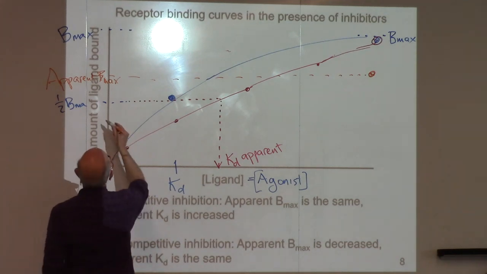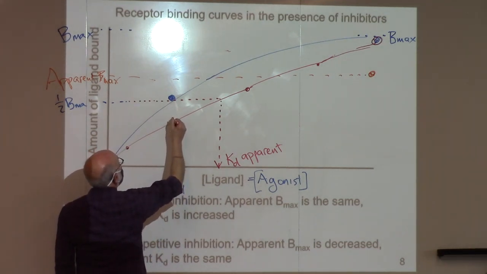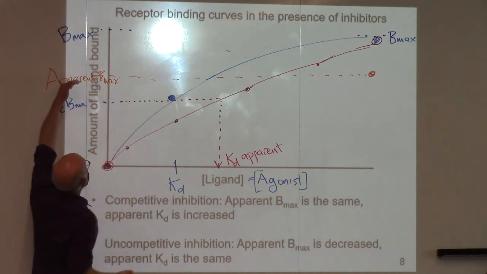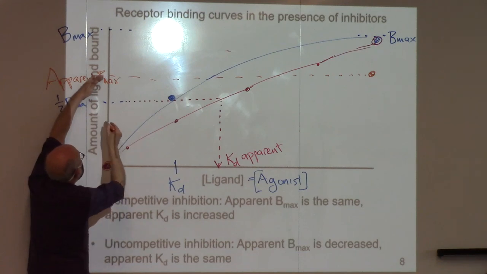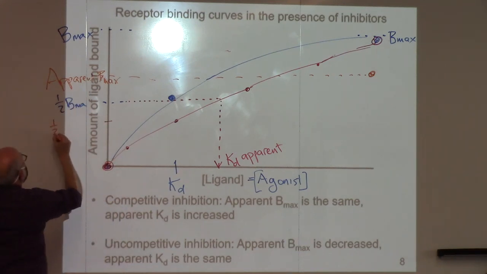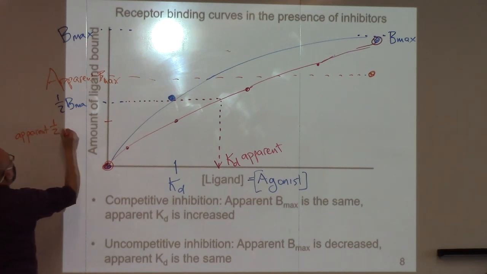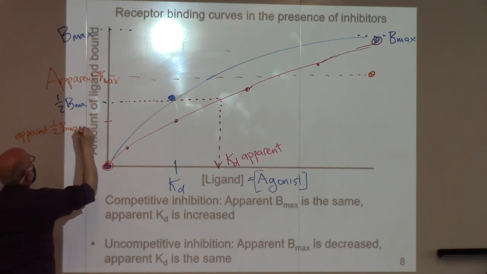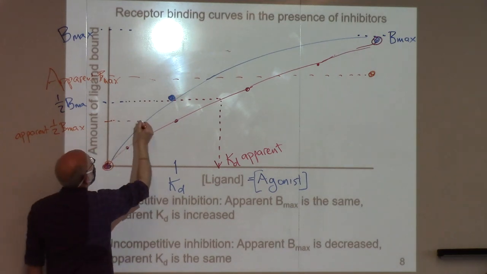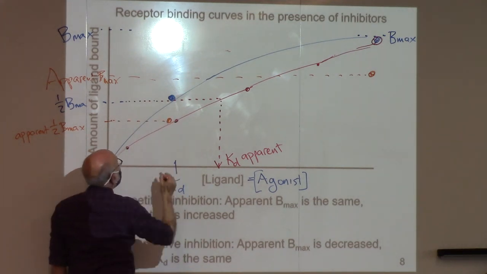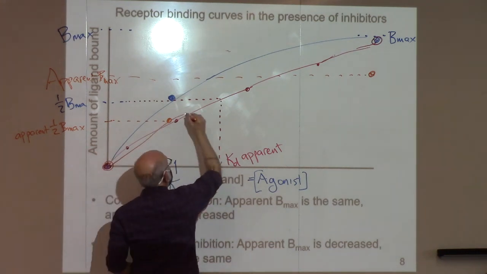So we have the same half maximal, but remember, it's relative to this max, so this is the apparent half Vmax with the non-competitive inhibitor. So there's a point here, so things are looking on top of each other.